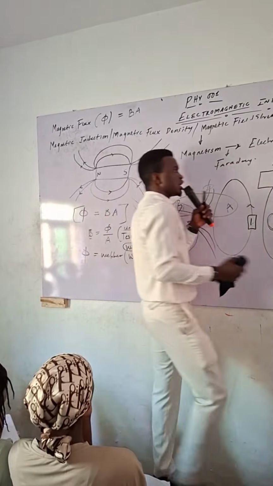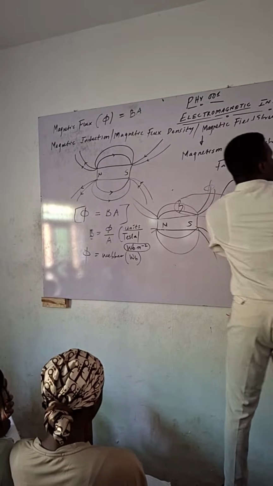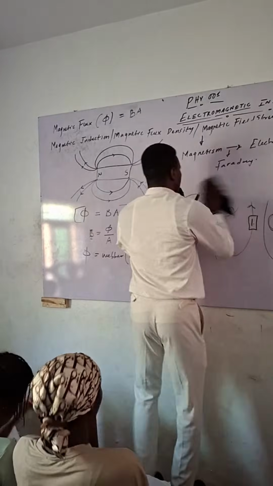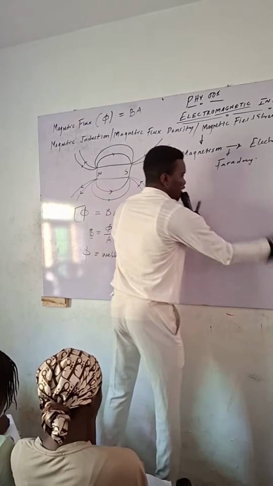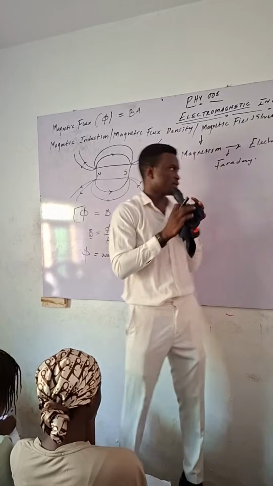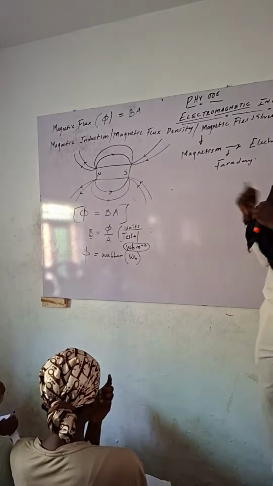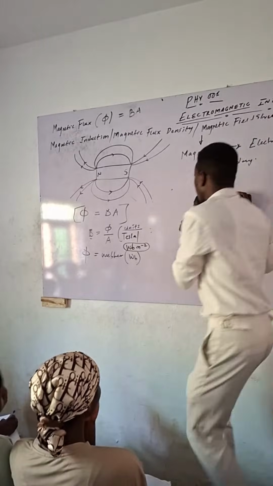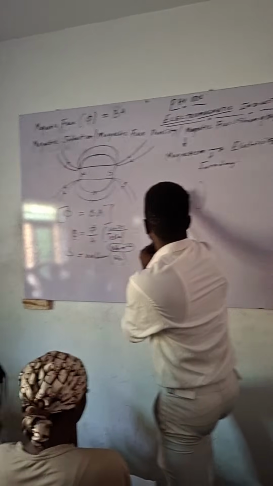Then, let's now move on. So what did Faraday now do? Faraday gave us two laws. So let's focus on Faraday's experiments now. Faraday discovered that if he moves the magnet in the coil, there will be current flow. So there is a coil and there is a magnet.